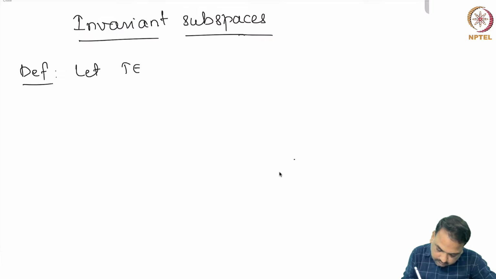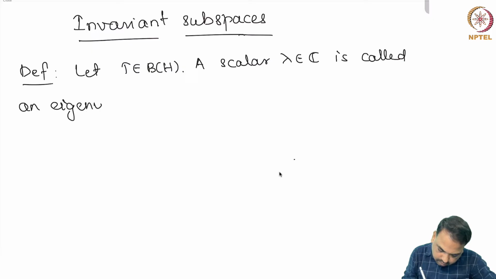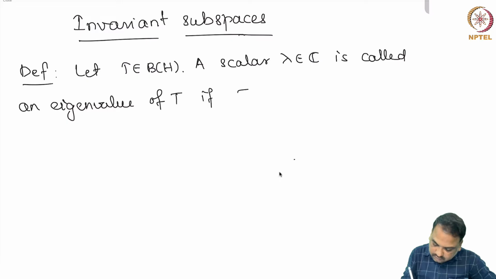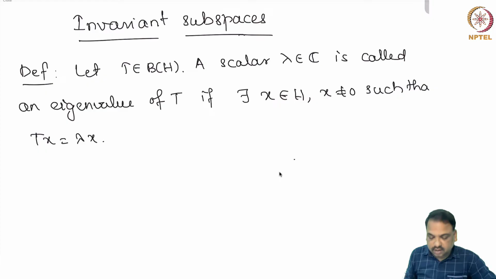Let T be a bounded linear operator defined on a Hilbert space H. A scalar lambda in C is called an eigenvalue of T if there exists a non-zero x in H such that Tx equals lambda x. This vector x is called the eigenvector corresponding to lambda.